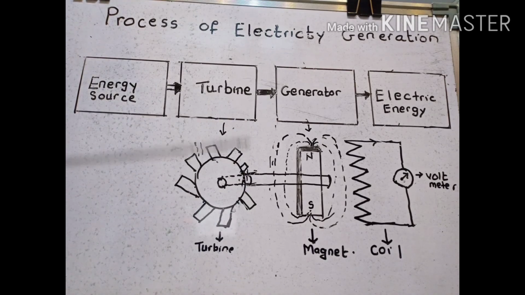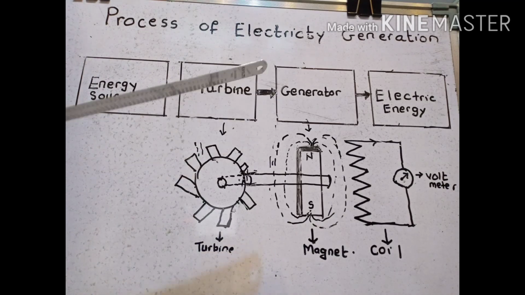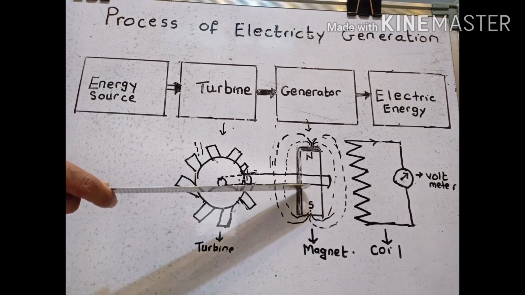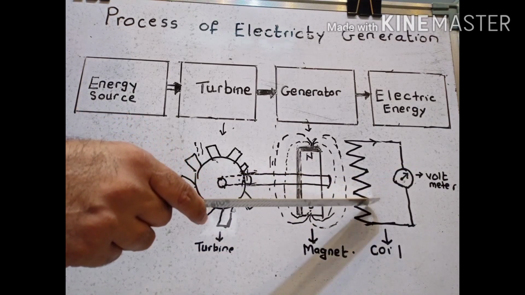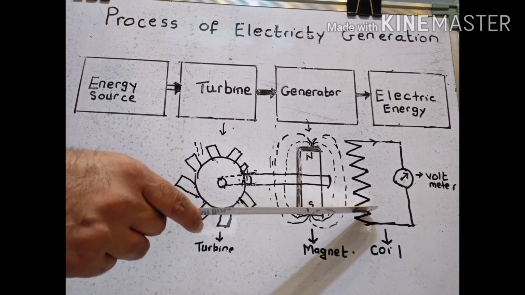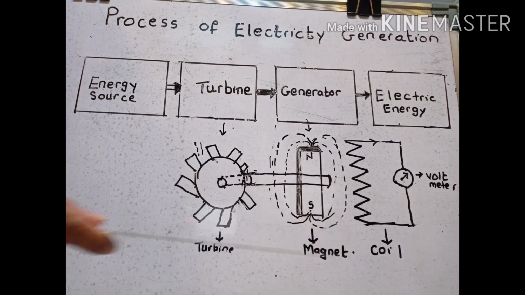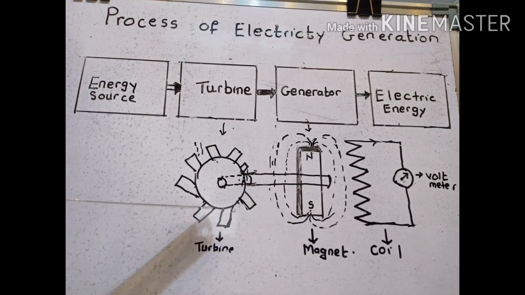Electromagnetic induction is a principle by which a changing magnetic field of a magnet can induce or produce current in a coil. So this is the exact process happening over here, right?